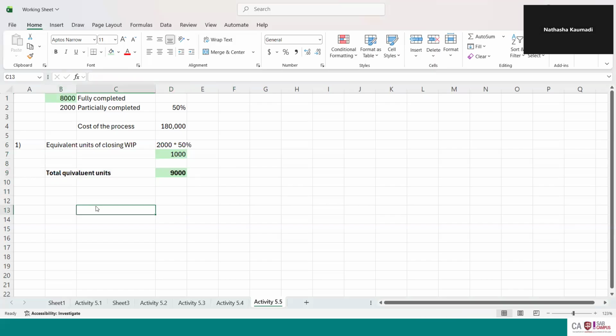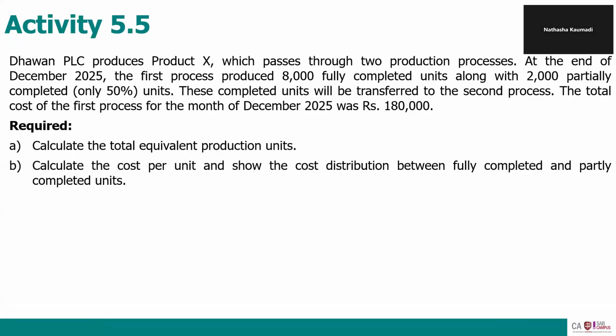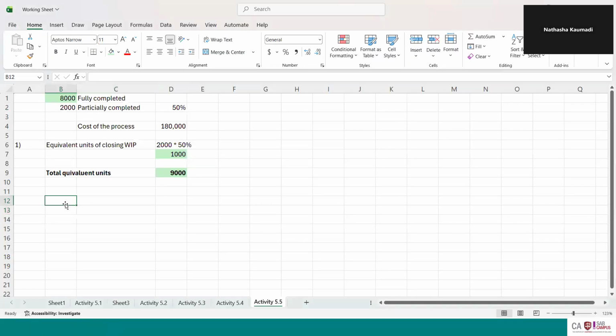All right. And then part B asks, calculate the cost per unit and show the cost distribution between fully completed and partly completed units. So we'll calculate cost per unit. How can we take it? You can take the process cost first, cost of the process, divided by total equivalent units.